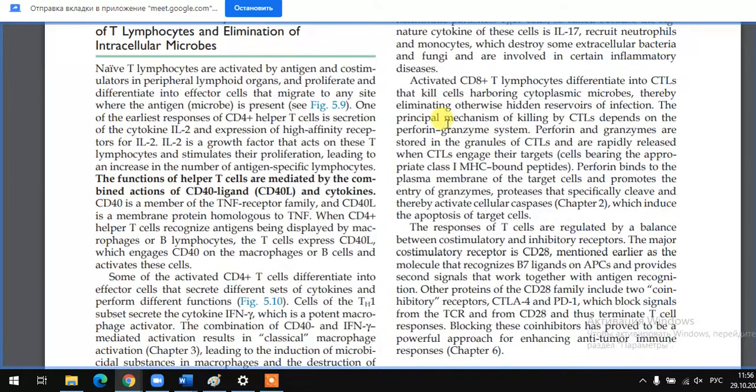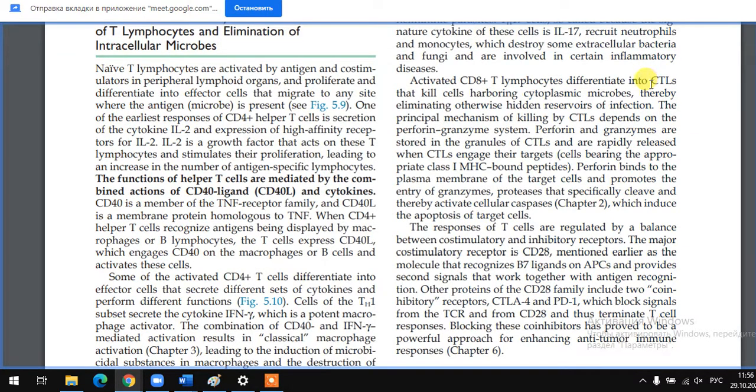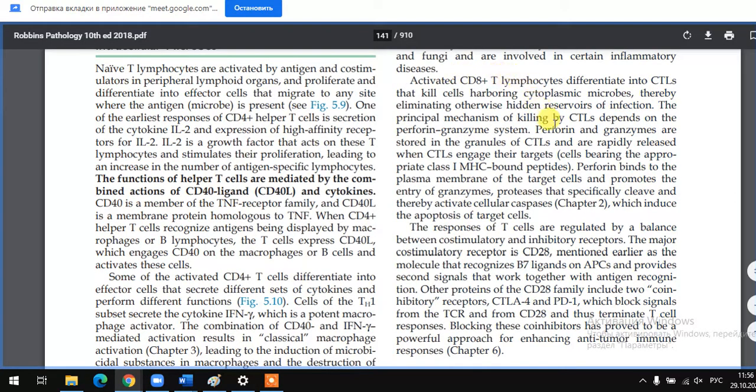But let's talk about activated CD8 positive T lymphocytes. As you remember, they are known as CTLs, or cytotoxic T lymphocytes. As the name implies, they are responsible for directly killing. CD8 positive T lymphocytes are activated by MHC1-bound peptides.